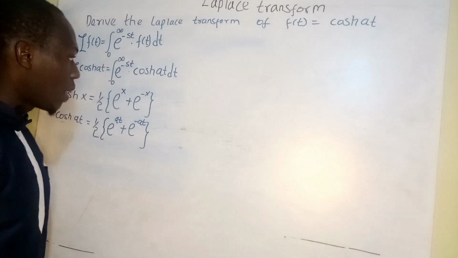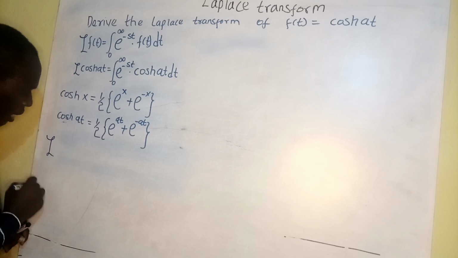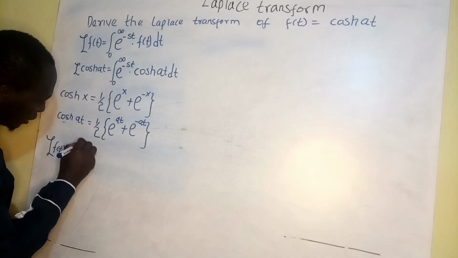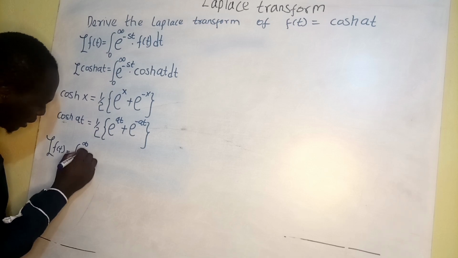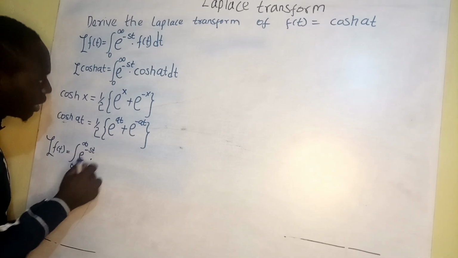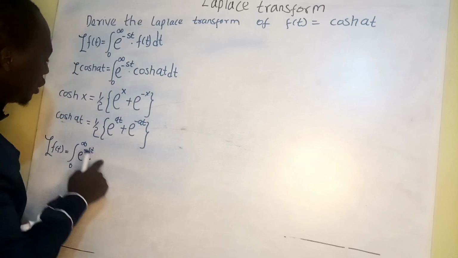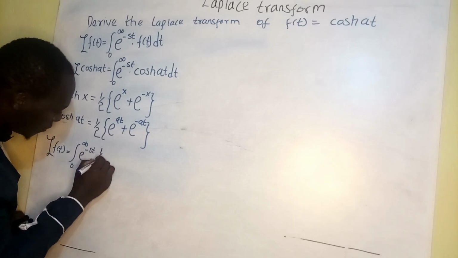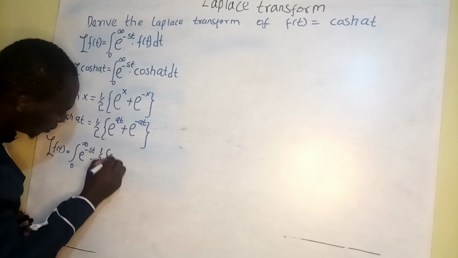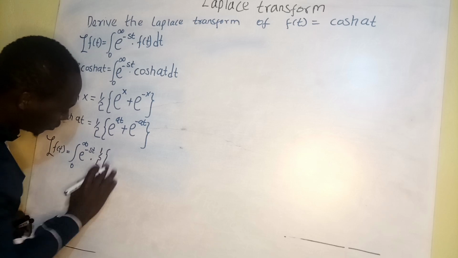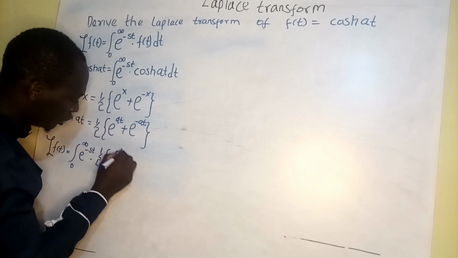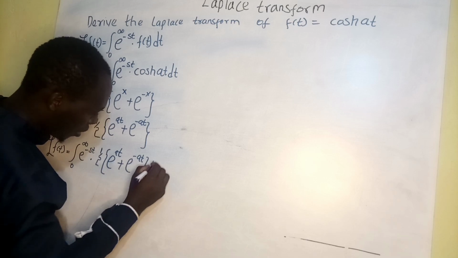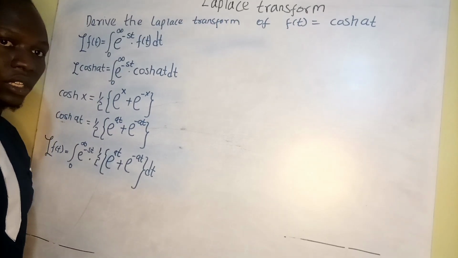Let us now get back into our working, whereby we say that the Laplace transform of our function f of t is going to be equal to the integral of exponential negative st multiplied by our function cosh at, which we agree is equal to whatever we have here, a half into exponential at added to exponential negative of at, and our whole integration is with respect to dt.